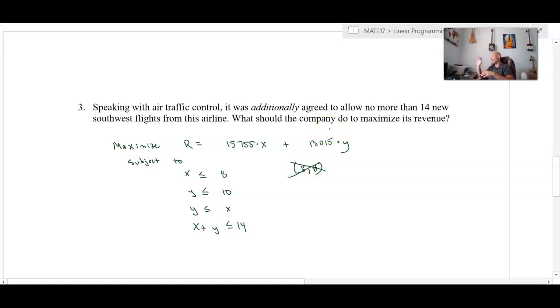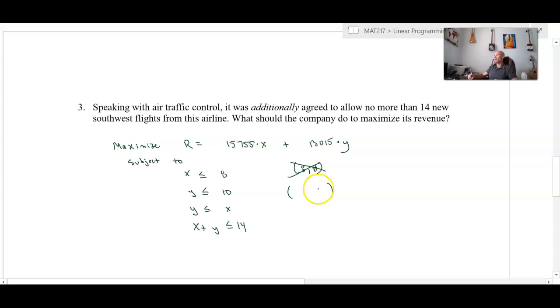And the reason I say they have to sum to 14, they actually don't have to sum to 14, but that's the maximum total number of flights we can have. And we know that more flights equals more money because each flight brings in additional revenue, and we're assuming that we can fill them. So ways in which I could do that where the Y value is less than or equal to the X value, I can't have Y be 8.